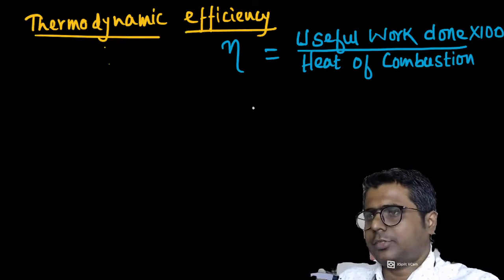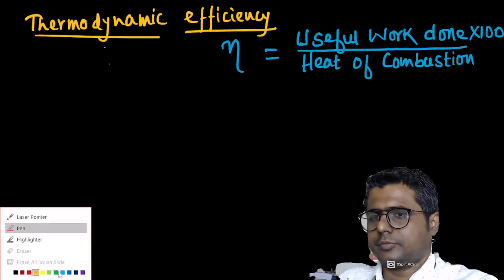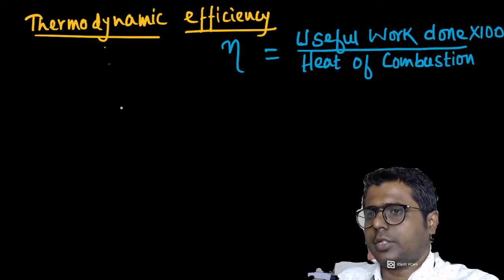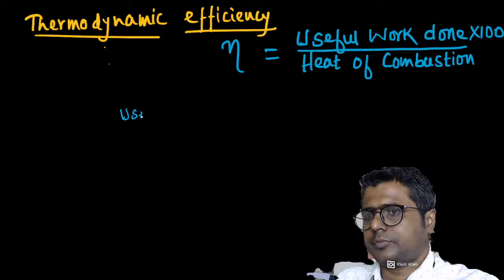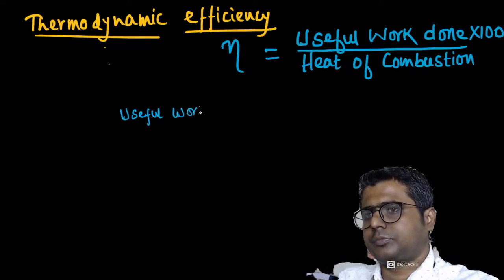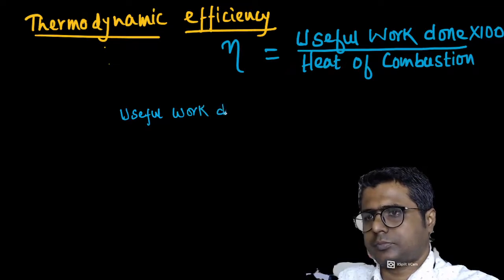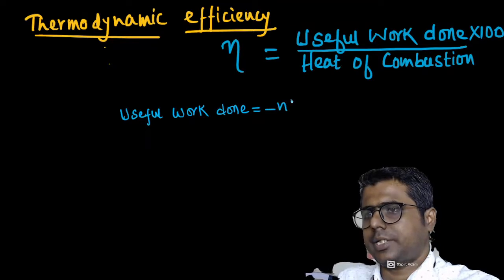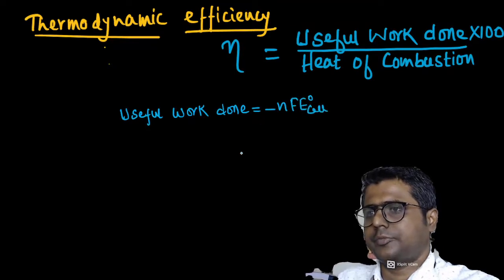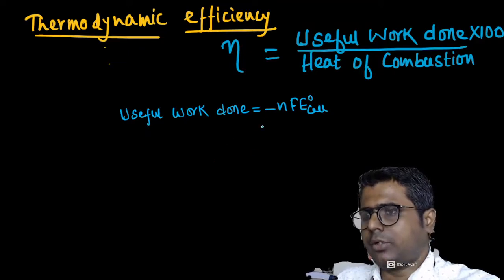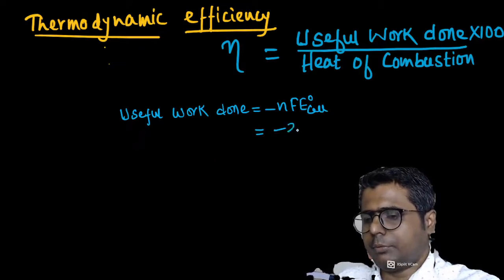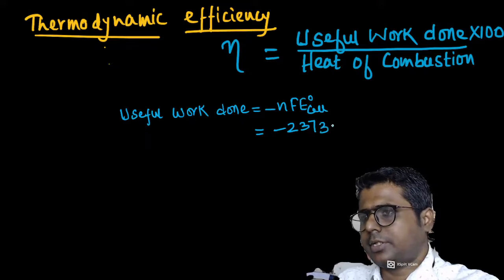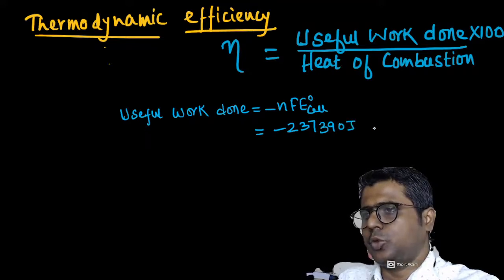Now what is the useful work done? Useful work done is minus nFE cell. So if I calculate by putting all the values, it will come out to be minus 237,390 joule per mole.